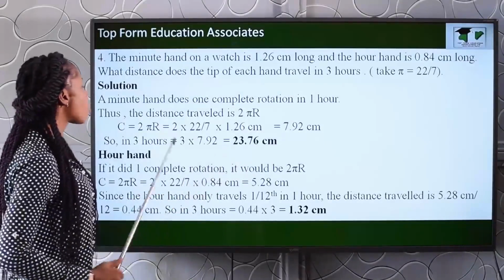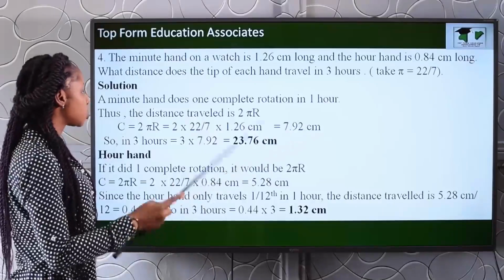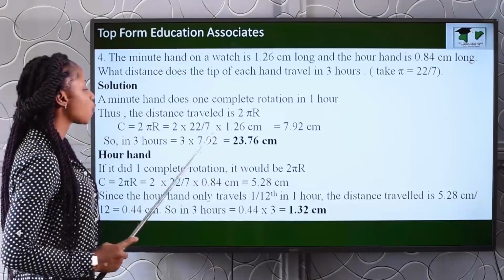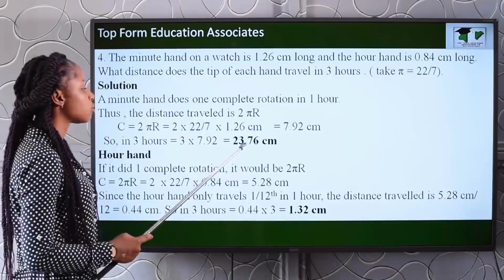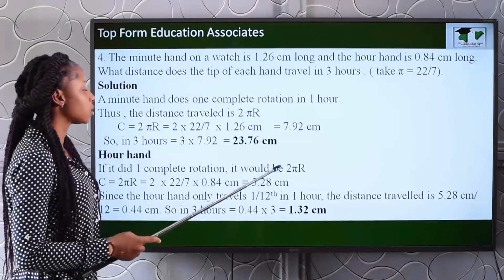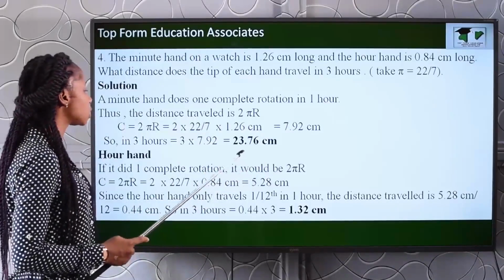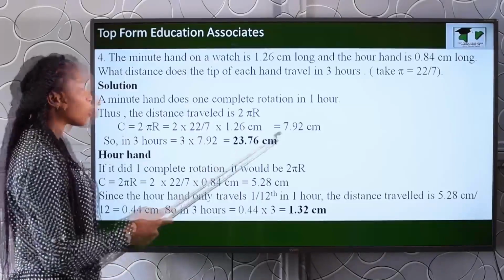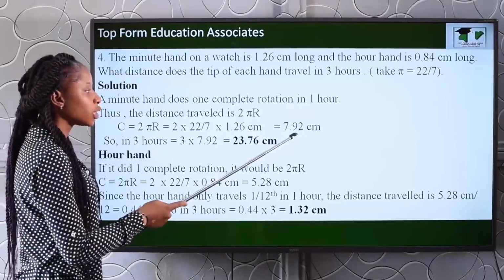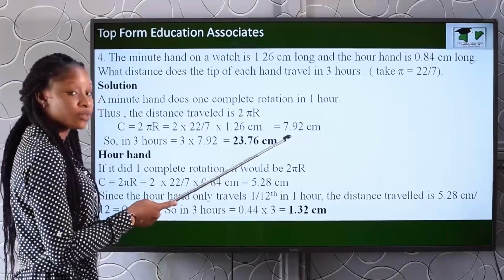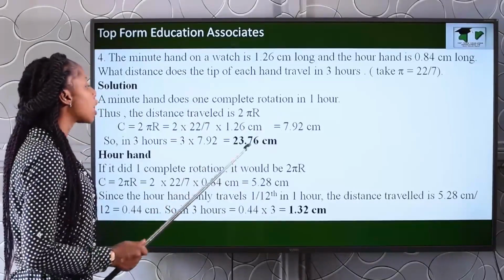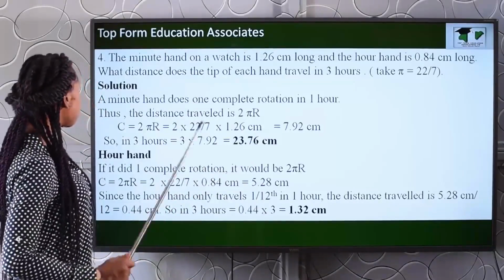So in 3 hours, we'll multiply 1 hour by 3, so 3 times 7.92 gives us 23.76 centimeters. I really hope you understood that. We first found the value of one rotation in 1 hour, and we'll multiply it by 3.